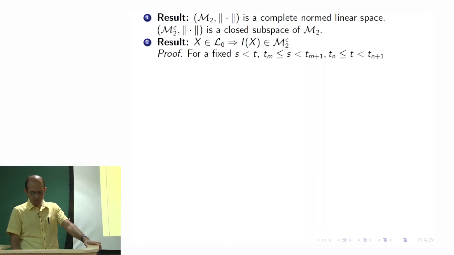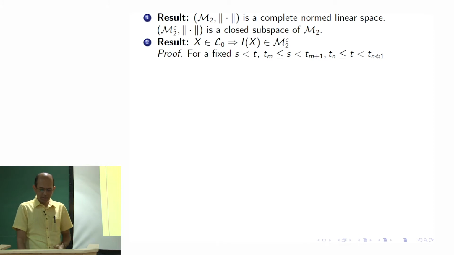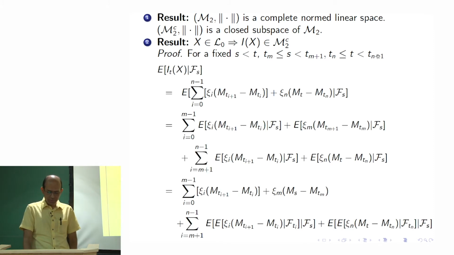Then we consider tm as the time point such that s is between tm and tm plus 1, and tn the time such that t is between tn and tn plus 1. So m and n are these two integers.